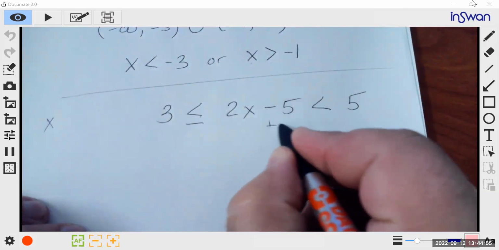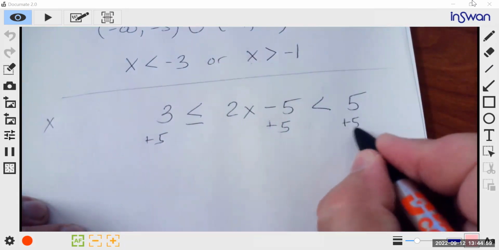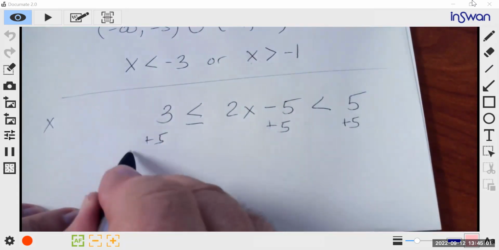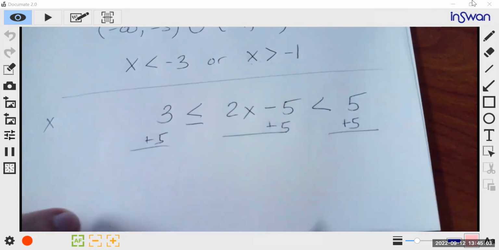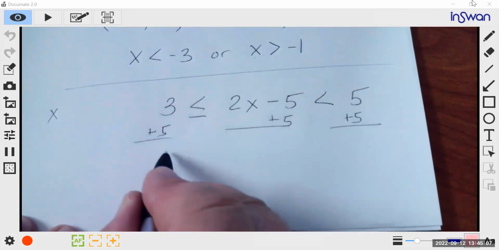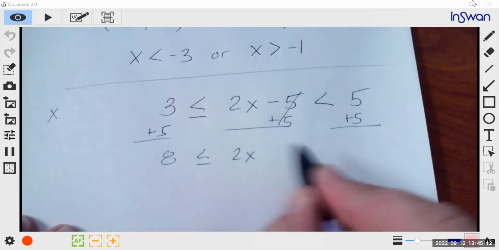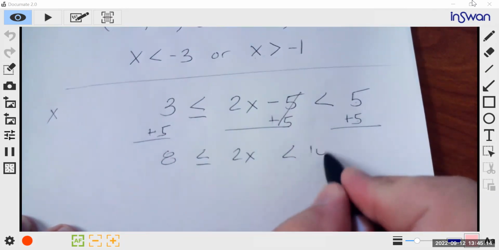So for this first one, I have to add 5, which means I have to add 5 everywhere else. Three plus 5 is 8. 5 plus 5 is 10.